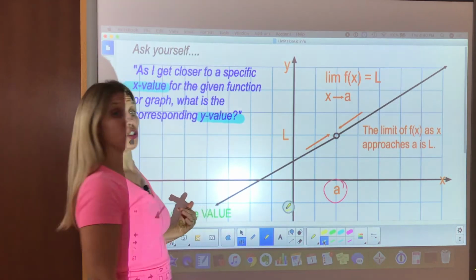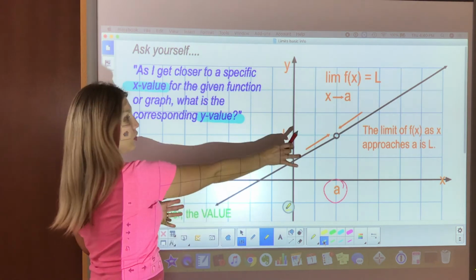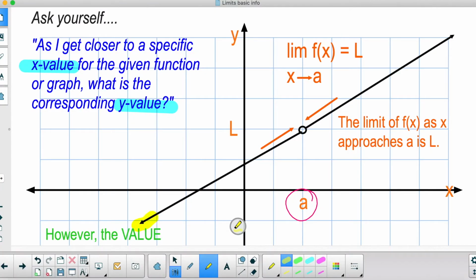If we look at our function from the left-hand side, the graph is over here. So I'm going to highlight the graph as I get closer and closer to where x is a. That's from the left. The right-hand side, I'm going to follow the graph in as x gets closer and closer to a. Now what you'll notice at this point is that there is an open circle.